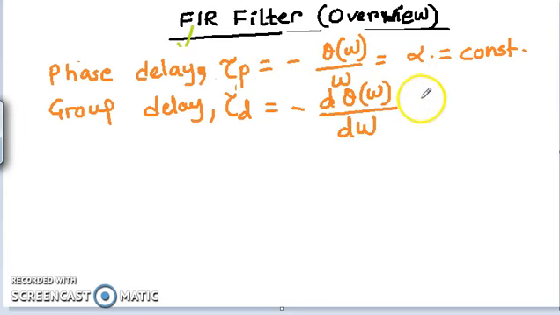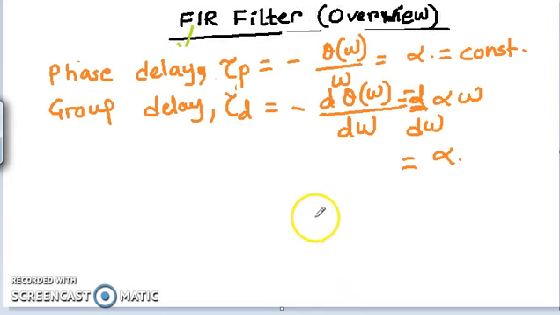Our theta(omega) was nothing but minus alpha omega, so we have to put a negative sign here, and this value is becoming alpha. So that means this is also becoming constant.